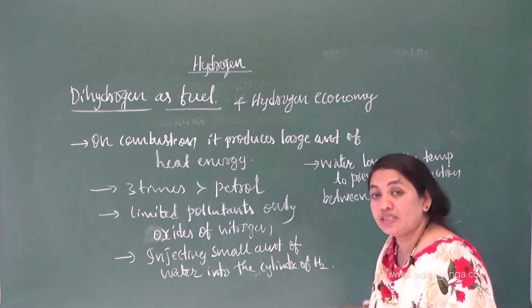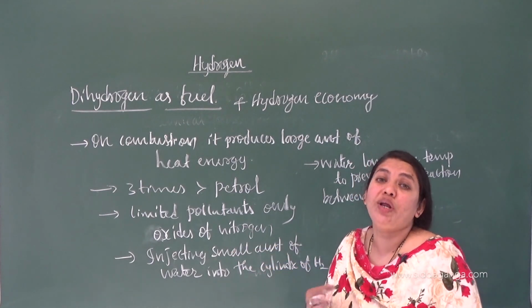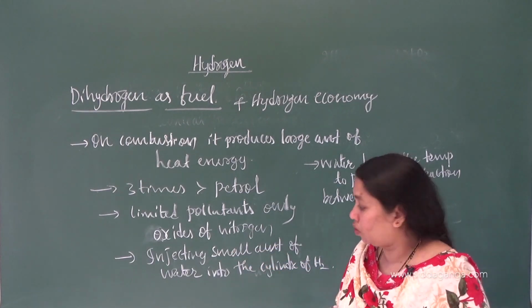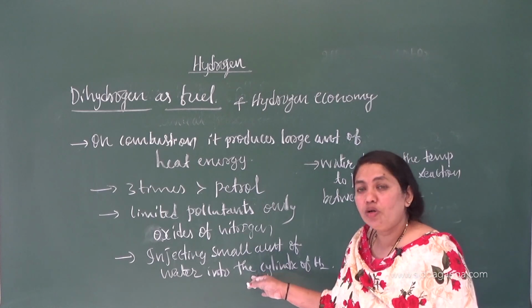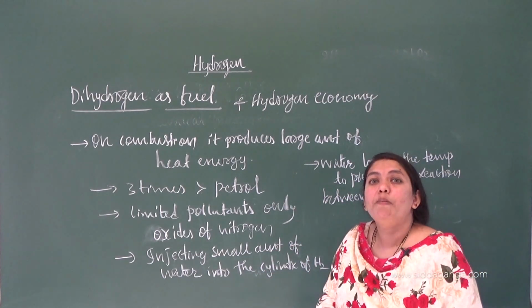There will be no oxides of nitrogen then. This reaction between oxygen and nitrogen is possible only at higher temperature, which we are lowering now. How? By injecting water. So there will be no pollutants at all. That is why it is more efficient compared to petrol.